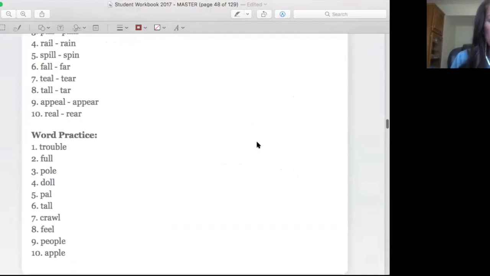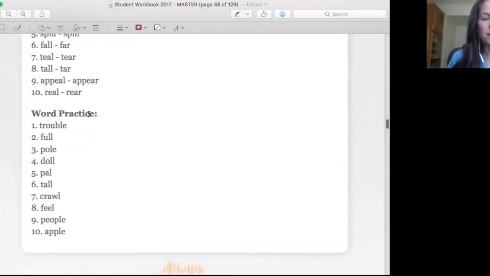Because what happens in connected speech is whenever a word, especially a dark L, is at the end of a word, and the next word is a vowel, it becomes a light L anyway. So like, for example, if I said, there's a pole in the room.